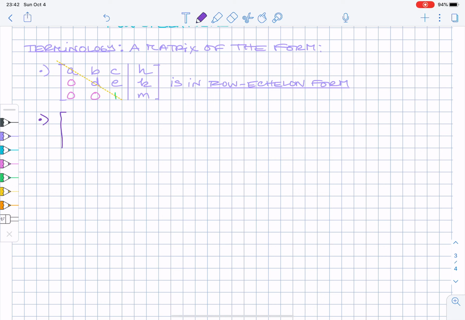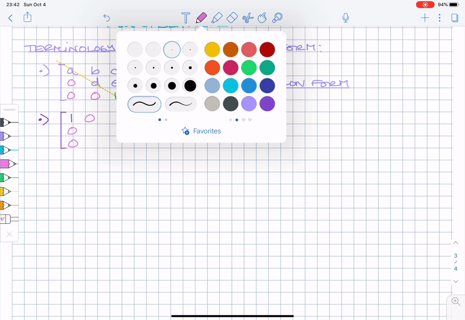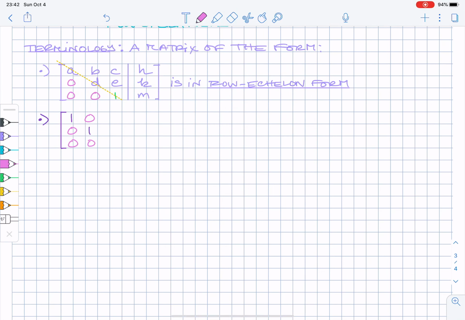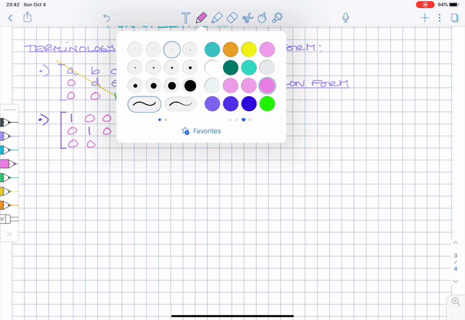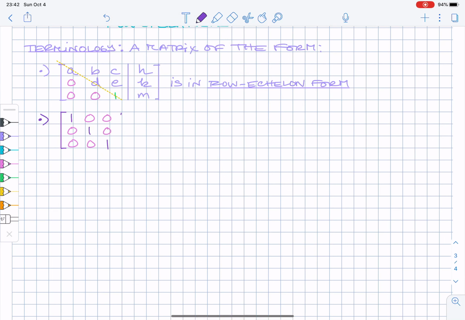However, if we end up with something like 1, 0, 0, 0, 1, 0, 0, 0, 1, augment, x, y, z, this is in reduced row echelon form.